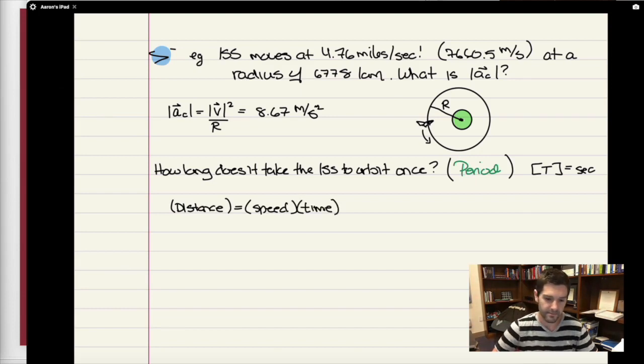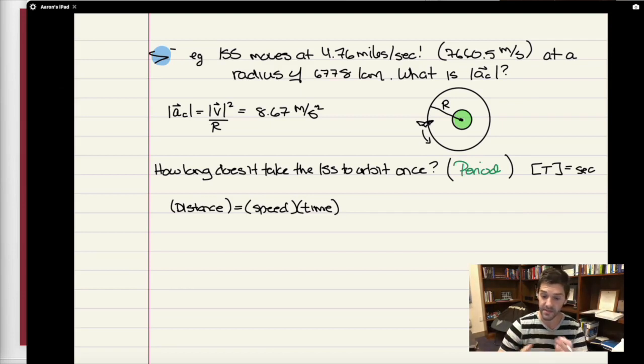It's one of the more basic kinematic equations. If I have a constant speed, 30 miles per hour, then every hour I move 30 miles. If I drive for 5 hours, my total distance is my speed times the time. 30 miles per hour times 5 hours, 150 miles.